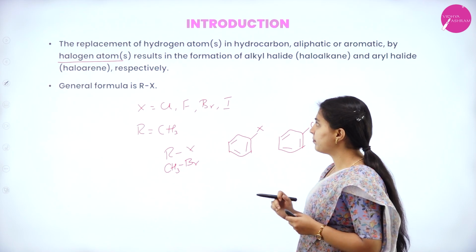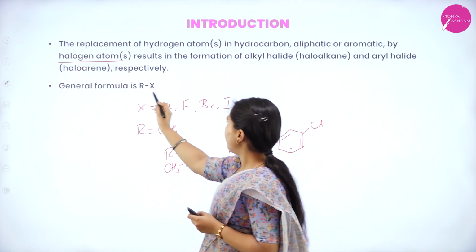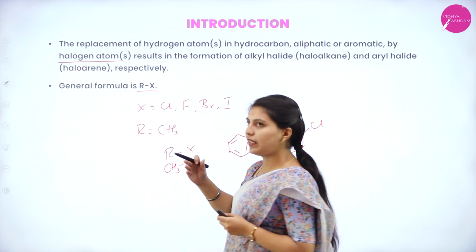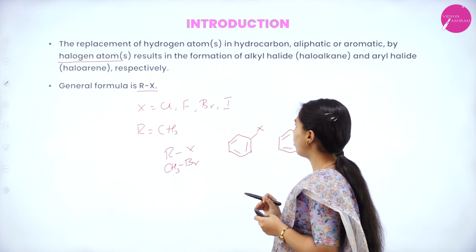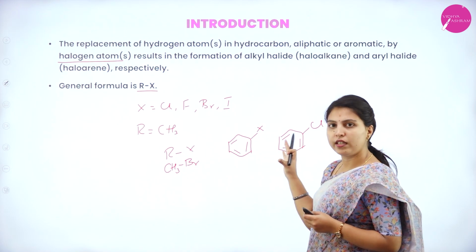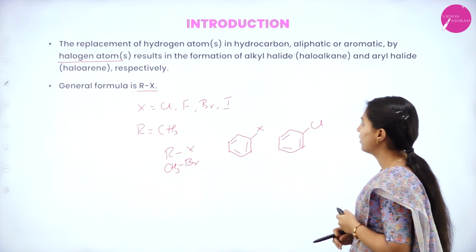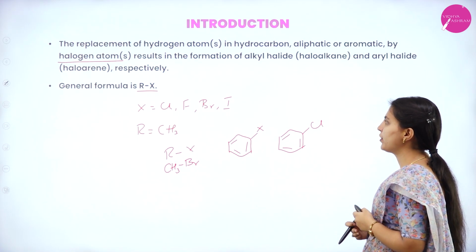So like this, the general formula of haloalkanes or haloarenes is RX. R may be alkyl or aryl compounds and X may be halogens. So how the substitution is done, this is about the introduction part.